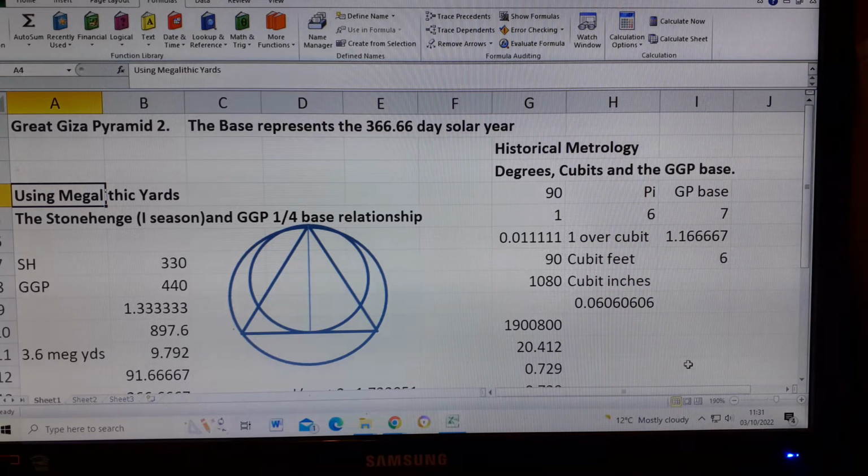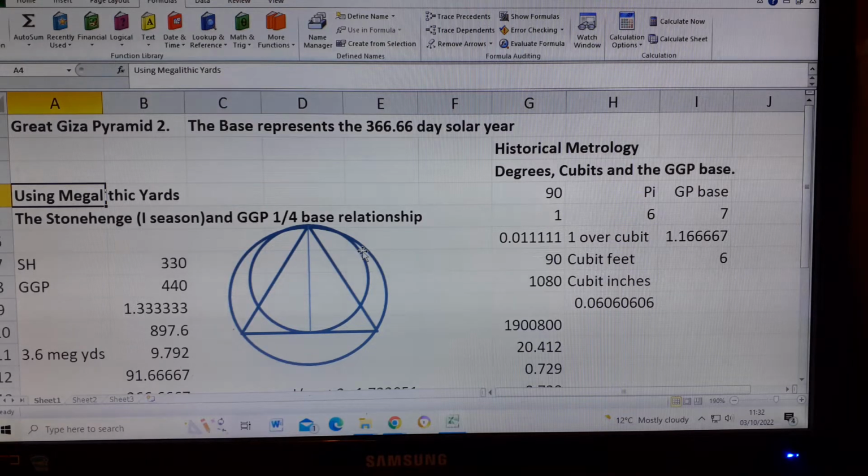Now, what the ancients knew, when they used the equilateral triangle, is that when they drew a circle on the apothem of the triangle, that's this line here, the vertical line that splits the triangle into two right-angled triangles, they knew that when this was one, this was one megalithic yard, this circumference.